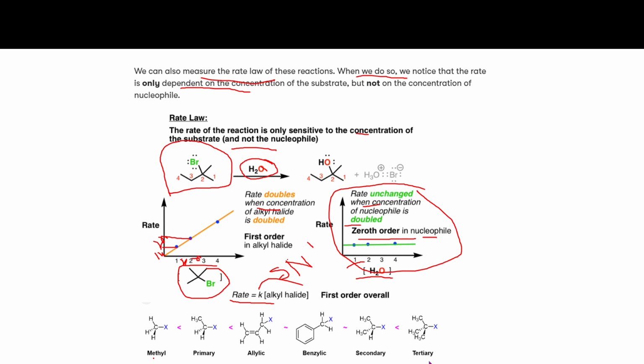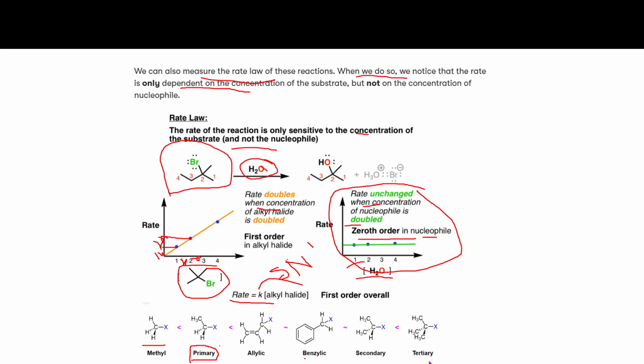And also, how does SN1 reactivity follow? For example, the methyl one is less reactive as compared to the primary one. From the primary carbocation to the secondary carbocation, the rate increases.